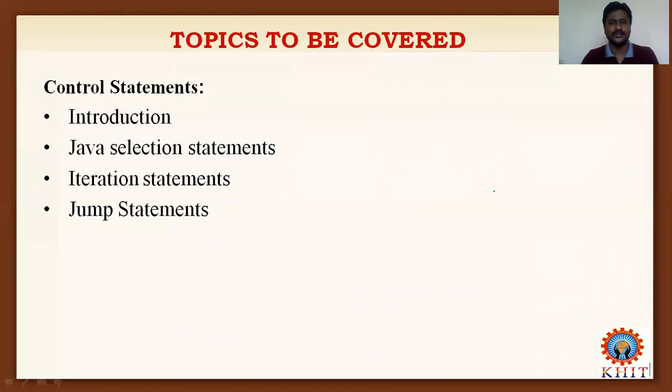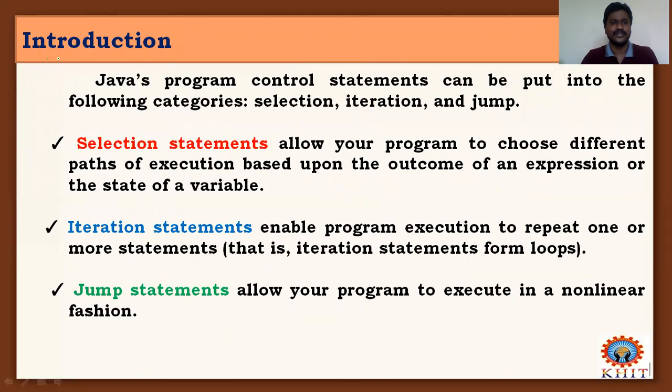And these are the topics going to be covered in Unit 1 of the chapter control statements. The first one is introduction, Java selection statements, iterative statements, jump statements. Coming to the introduction part, Java program control statements can be put into the following categories: selection statements, iteration and jump statements.